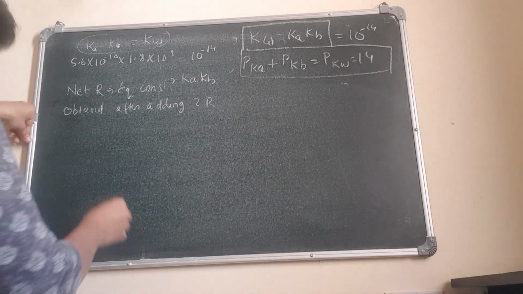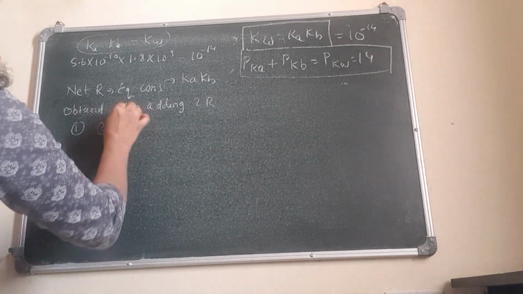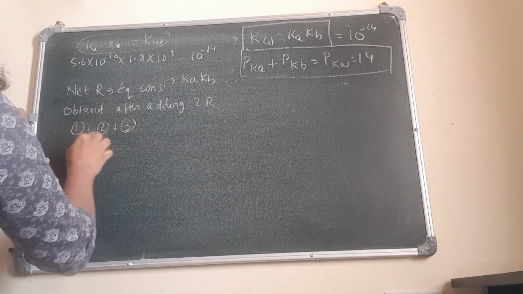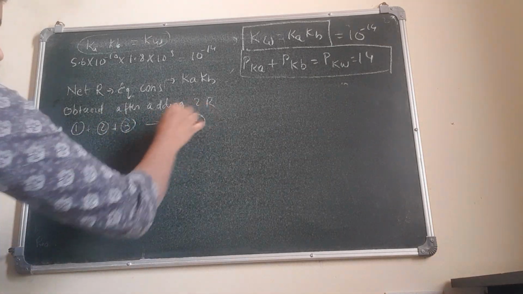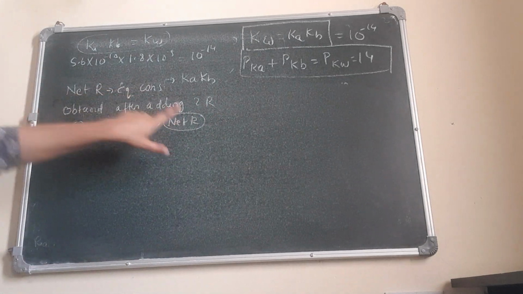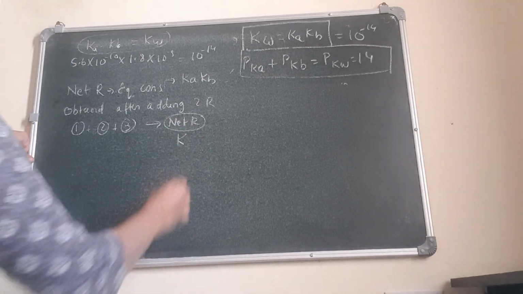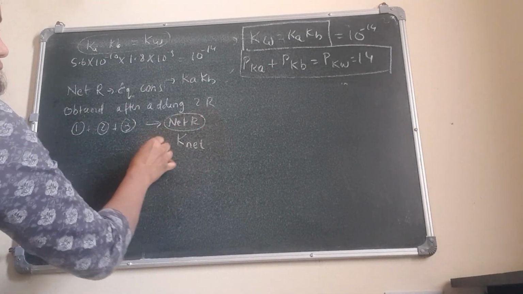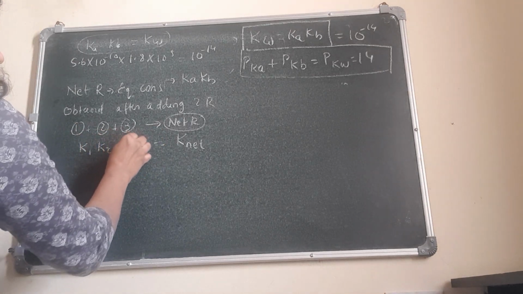So if you have reaction 1, reaction 2, reaction 3 for example, if you figure out that when you add these you are getting one reaction which is called the net reaction, the equilibrium constant of this reaction, which I call K net, will be equal to K1 into K2 into K3.